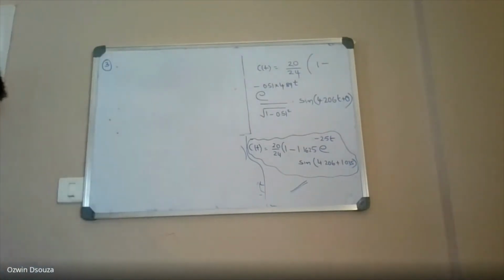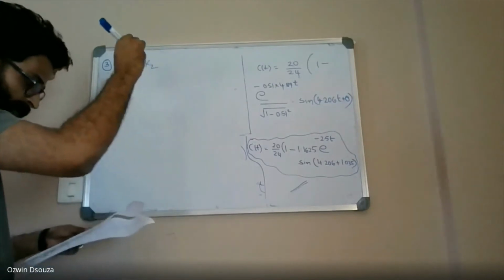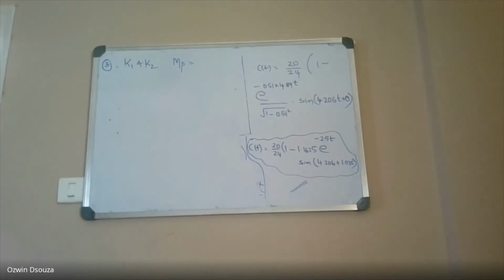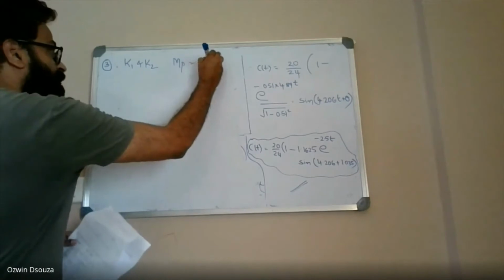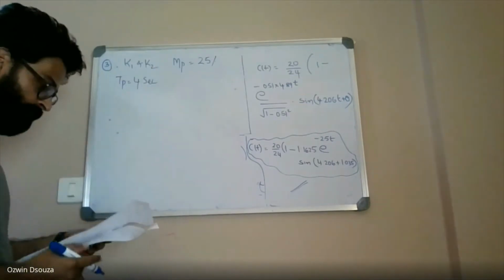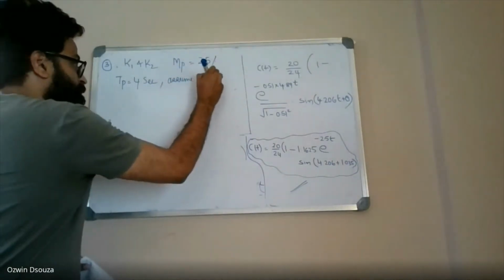Third, you can take the problem statement: determine K1 and K2 so that MP is equal to 25% and TP is equal to 4 seconds. Assume unit step input.